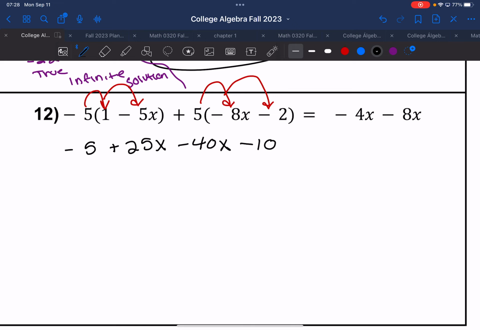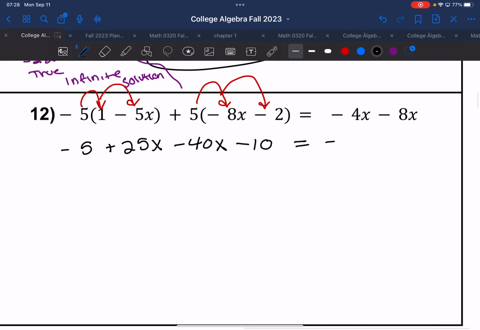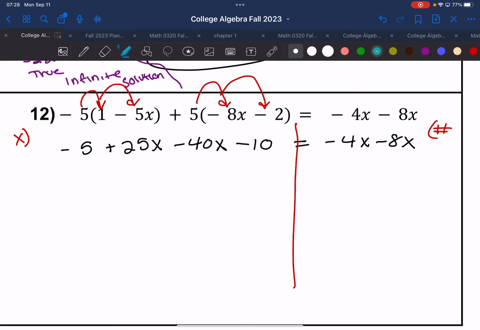that's from the second part, and then I'm bringing everything else down with my x's on one side and my numbers on the other. Okay? So before I start bringing over my x's and my numbers, what do I need to do first? Combine like terms. Good.